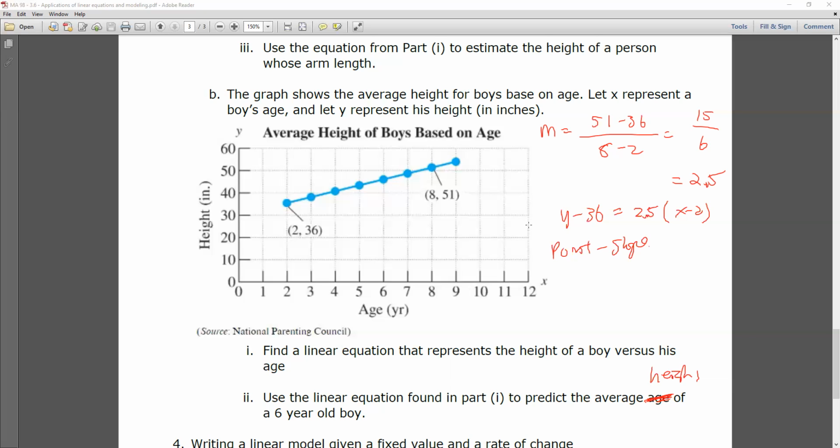So y minus 36 equals 2.5 times (6 minus 2). 6 minus 2 is 4. 2.5 times 4 is 10. So add 36 to both sides, so y equals 46.